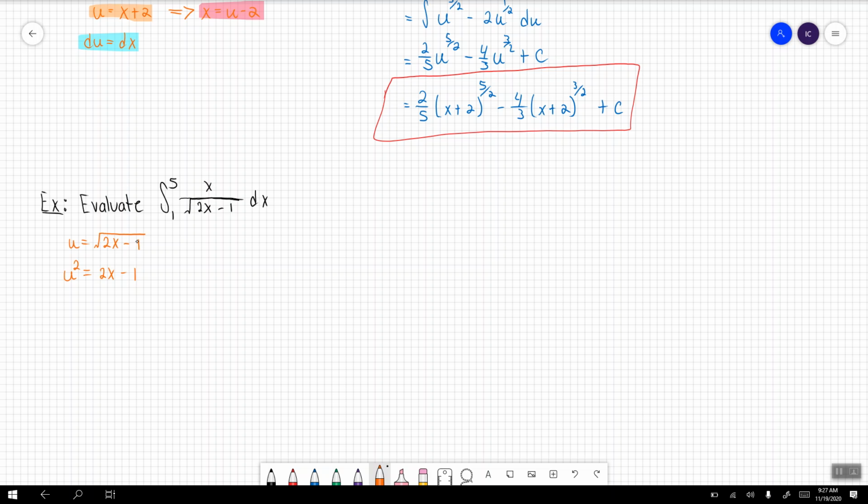If we're making this substitution, can we solve for x? In other words, can we find what x is? Well, let's go ahead and try. We don't know until we try, which means x is just 1/2 multiplied by u squared plus 1.